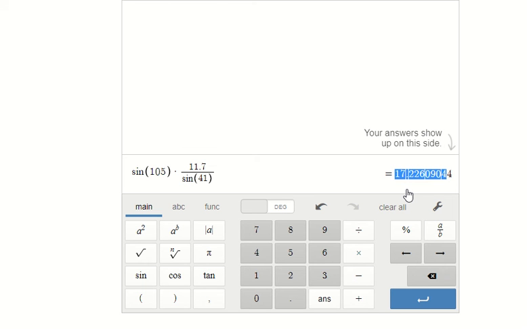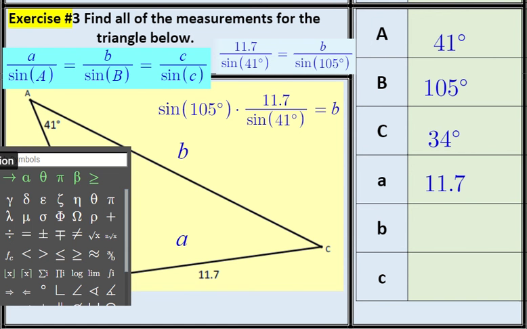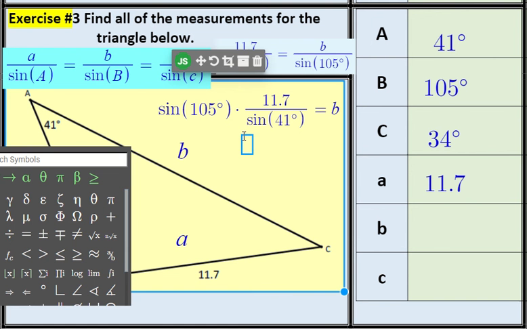So we can really say 17.23 if we choose to round it. So 17.23 equals B.